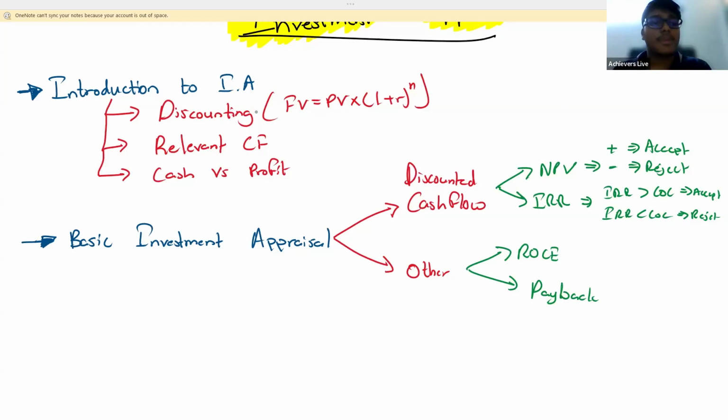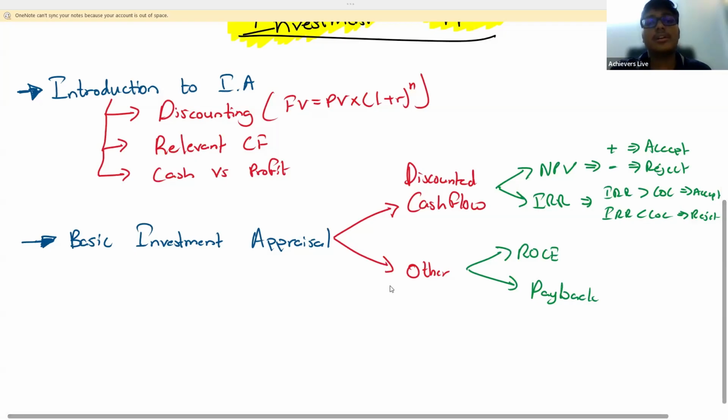Next, other methods. ROCE, return on capital employed, or ARR, accounting rate of return. This can be calculated in two ways.